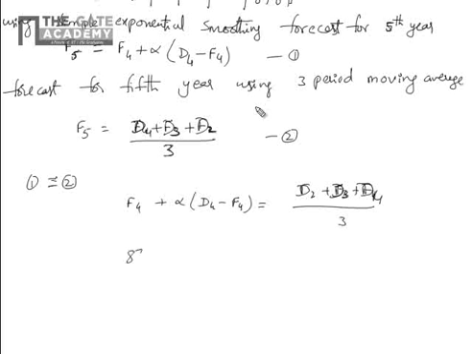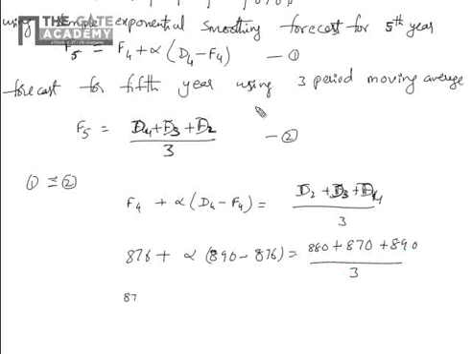So F4 is 876 plus alpha into D4, which is 890, minus F4, 876, equals D2, 880, plus 870 plus 890 divided by 3. So 876 plus alpha into 14 equals 880.